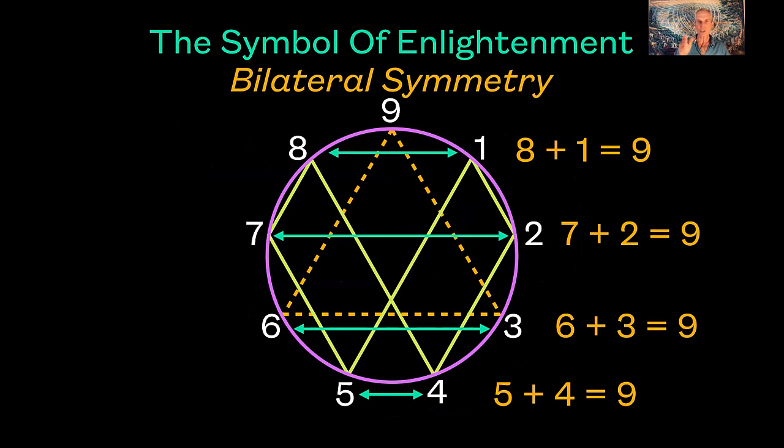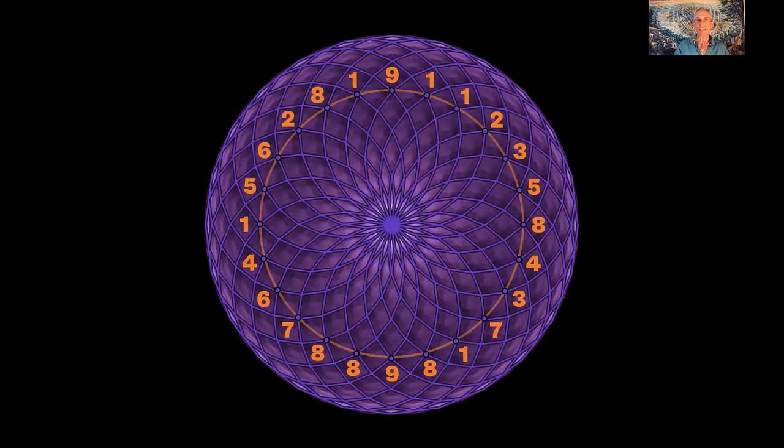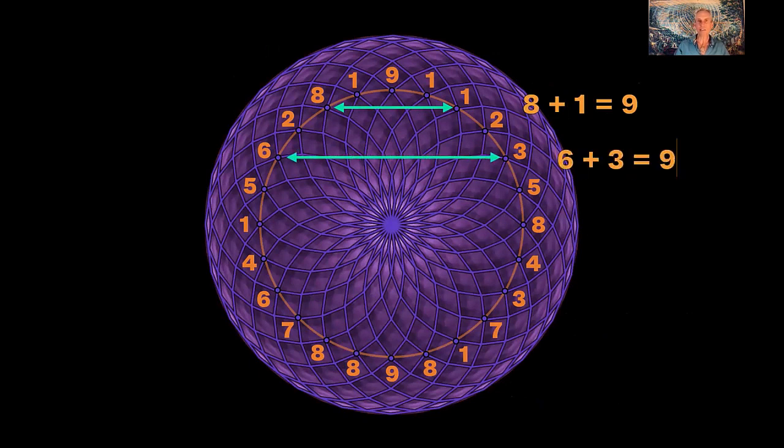So we've seen this earlier, where there's this mirror symmetry if we divide this symbol laterally. And it's not just that the symbol has this symmetry bilaterally, but also the numbers have symmetry. So if we take this figure that I just showed you, and we divide it with an imaginary vertical line, we have some interesting symmetry that comes out of this.